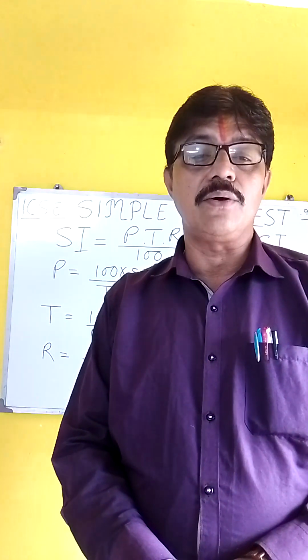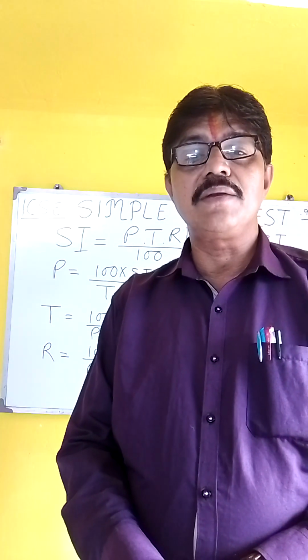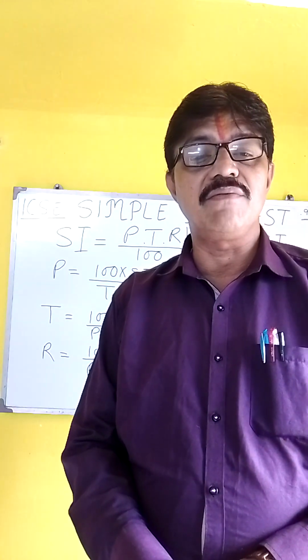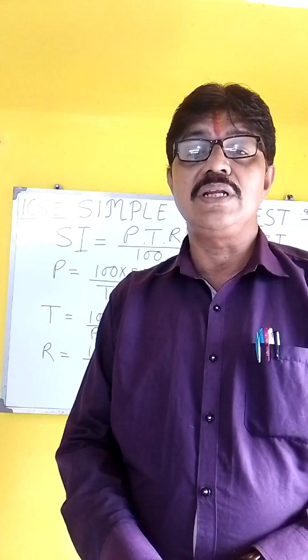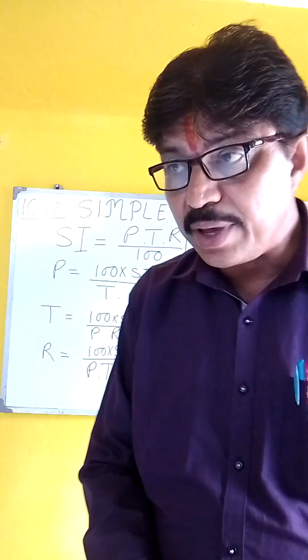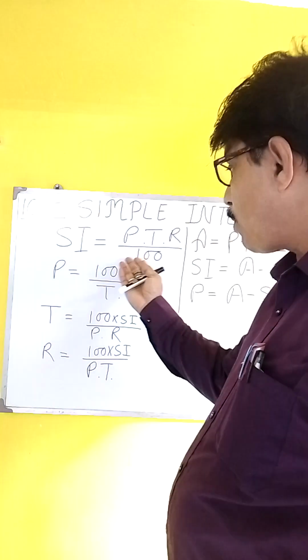For that time period, when it is said 5% per annum, that means 5% interest will be given after 1 year. When it is calculated in simple interest way, we have to calculate in this formula.